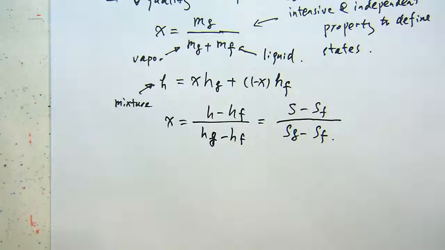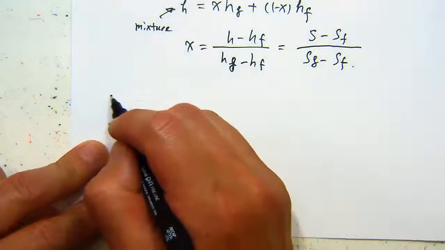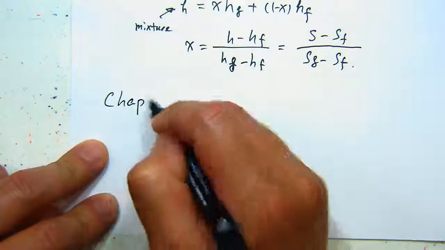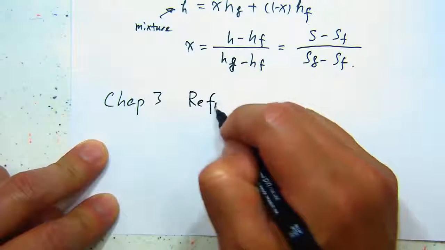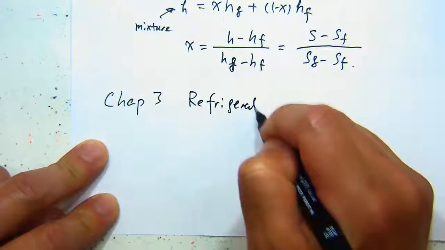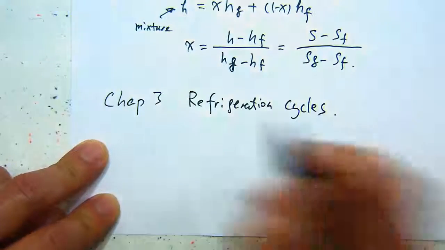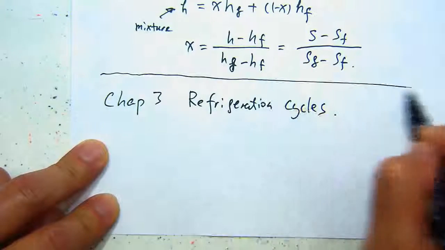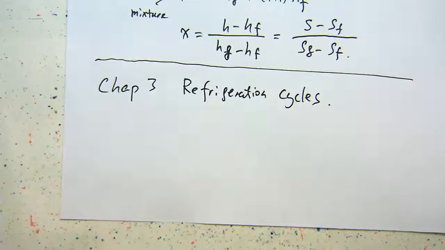All right, so that's the start of chapter 3, which is for the refrigeration cycle. The refrigeration cycle is something we can consider as working against nature.